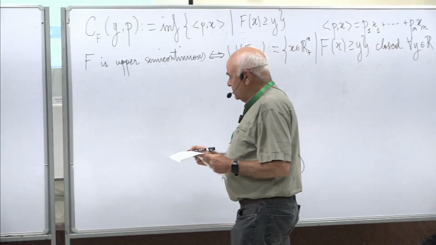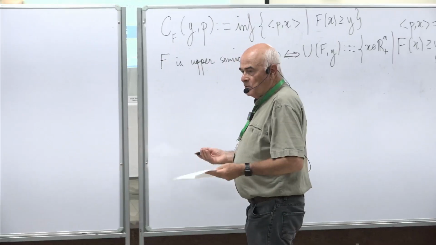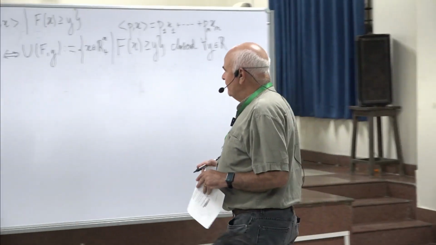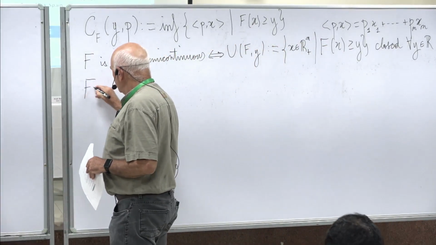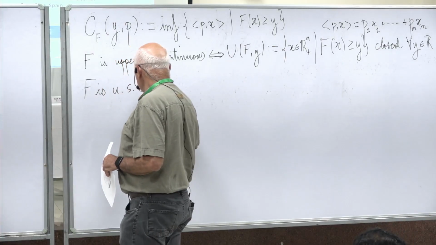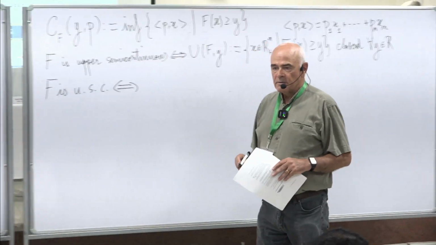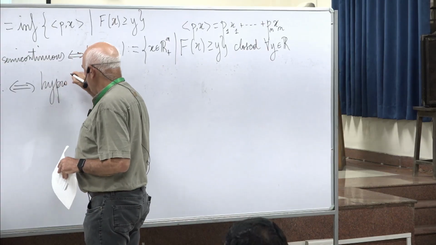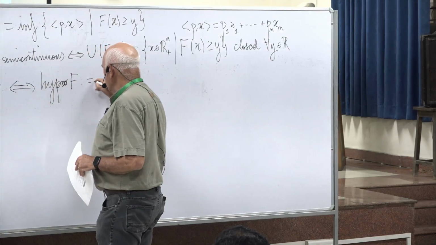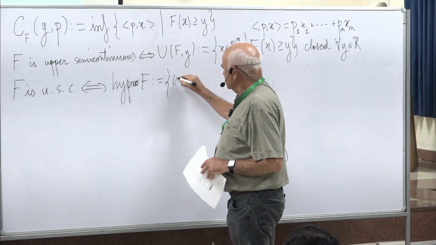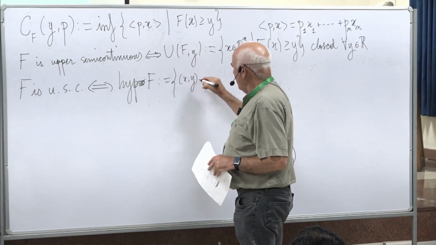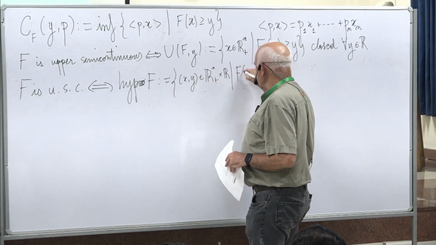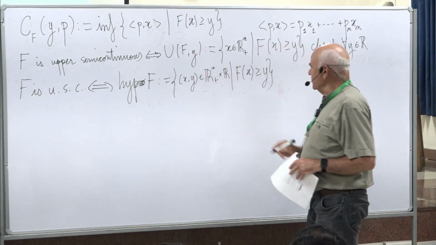One first observation, rather easy to prove, but I will make the proof because, as I said, I want to have my course as self-contained as possible, is that a function f is upper semi-continuous if and only if the hypograph of f, defined as the set of pairs (x, y) in R plus n times R, such that f of x greater than or equal to y, is closed.